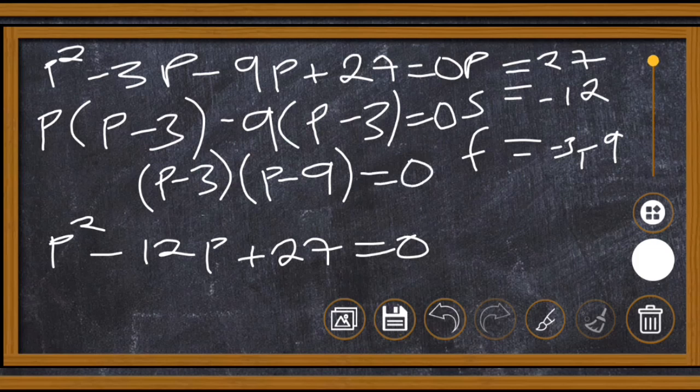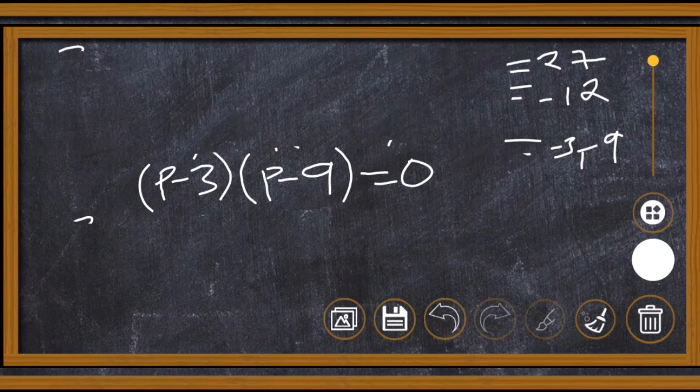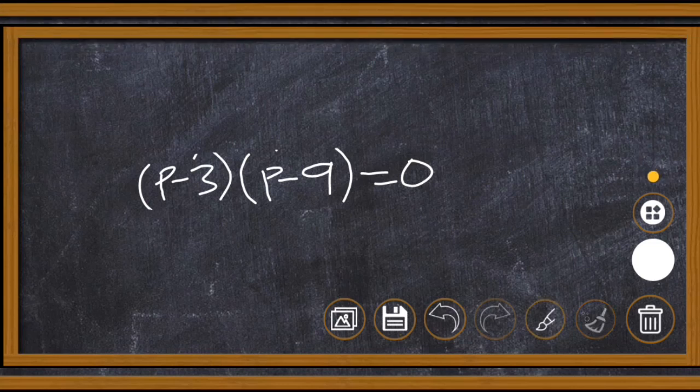So let me just wrap this. Since we don't need these anymore, let's remove them. So in this case, we are going to solve these by equating each term to 0.